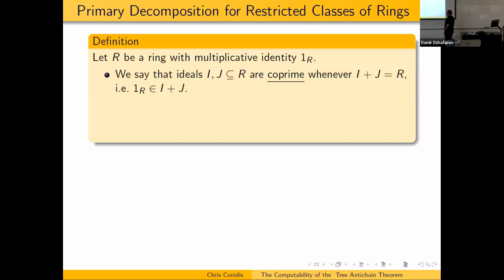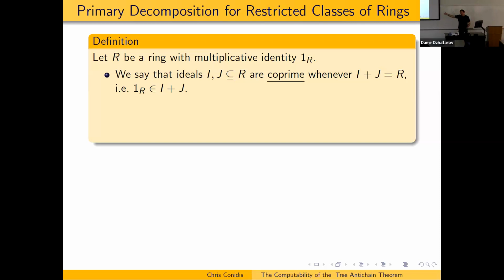The way I'm going to do it is by the primary decomposition lemma, but I want to create some versions of the primary decomposition lemma, that algebraic theorem that I mentioned at the very beginning. I want to restrict that theorem a little bit. So I need a couple of definitions.